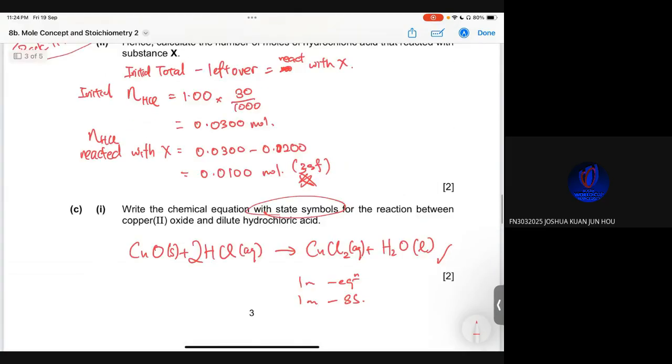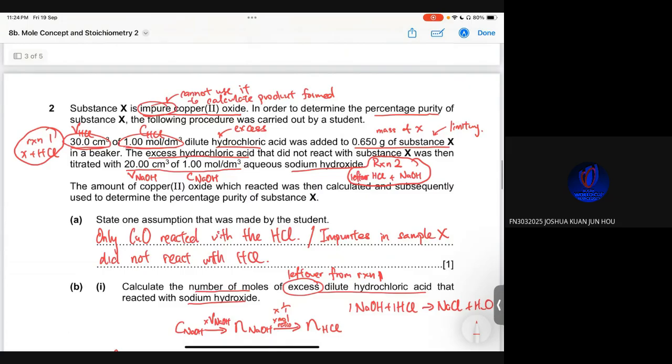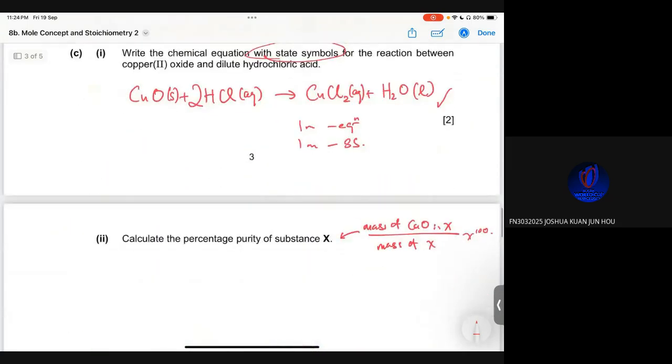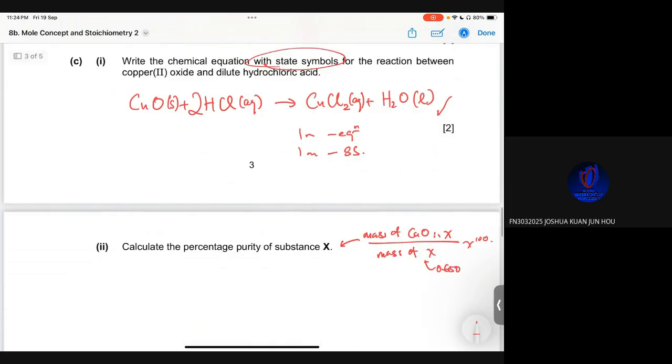You already have the mass of X. They say the mass of X is 0.650. So I need to find the mass of CuO.